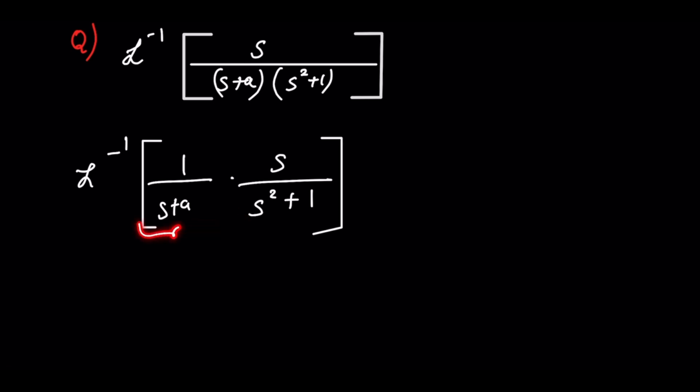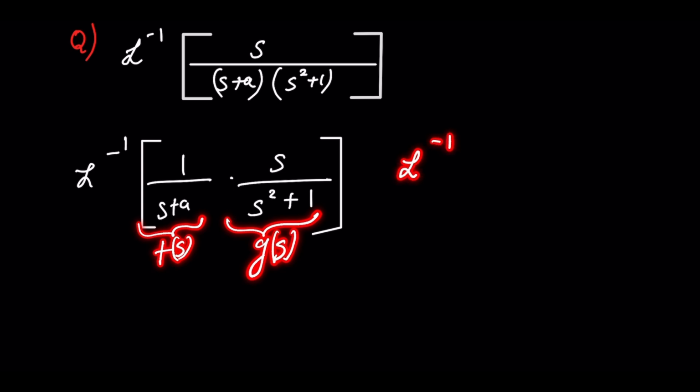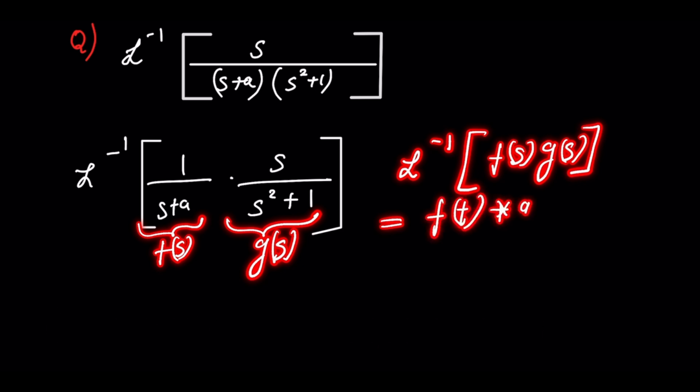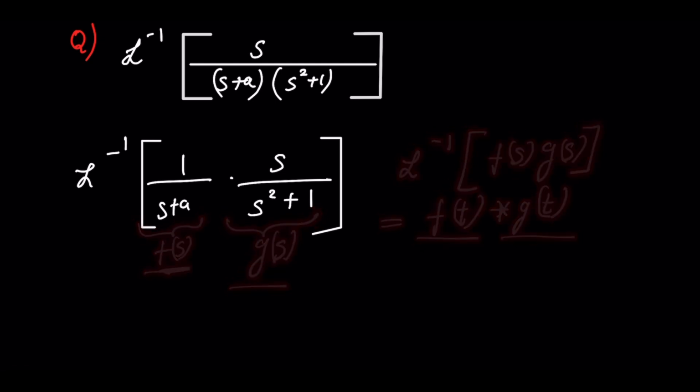So I'll be representing this as f of s and this as g of s, and apply the convolution theorem instead. So finding the value of f of t and g of t, by finding the Laplace inverse of f of s and g of s, we would get this.